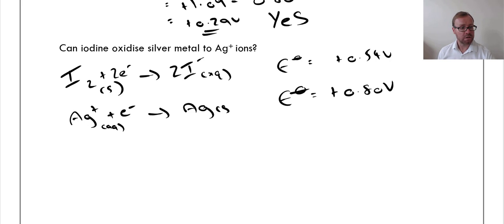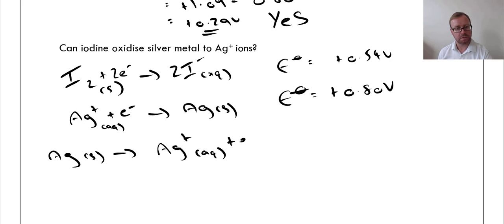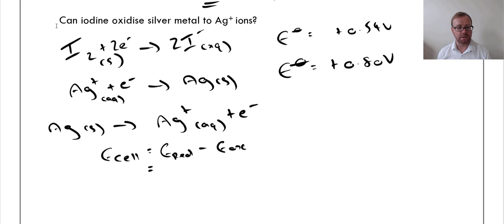So silver being oxidized gives my ions, plus e minus. According to the question, the iodine should be reduced and the silver oxidized to the Ag plus ions.